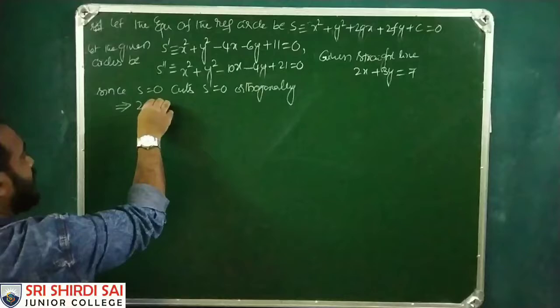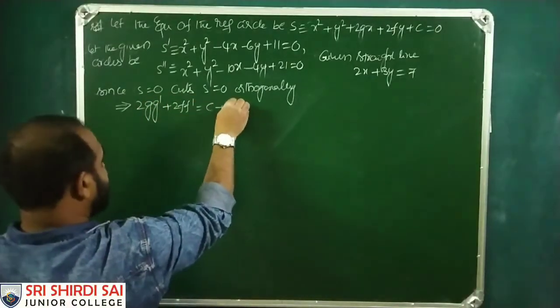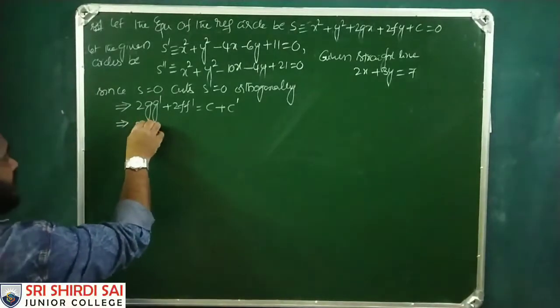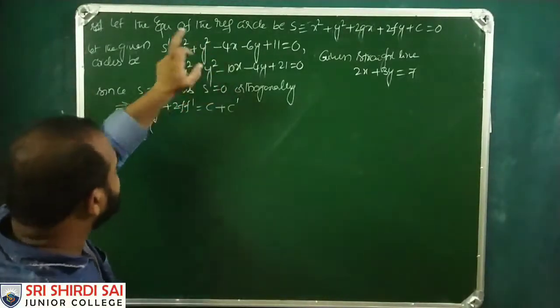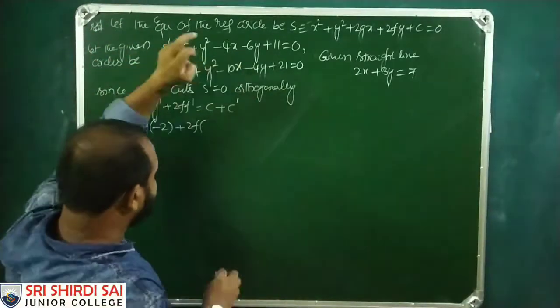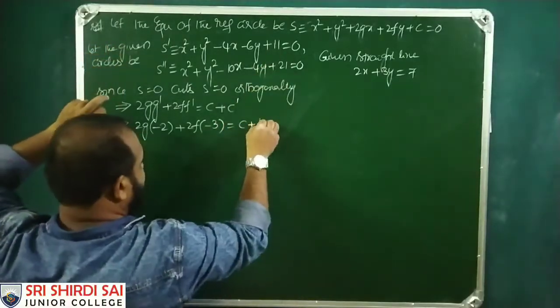2g g dash plus 2f f dash is equals to c plus c dash. This implies 2g dash is equals to minus 2, 2f dash is minus 3, equals to c plus c dash, 11.